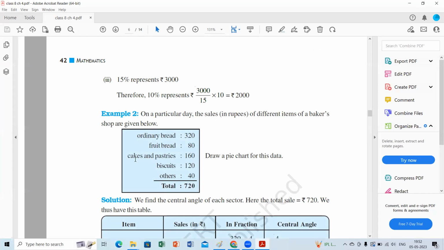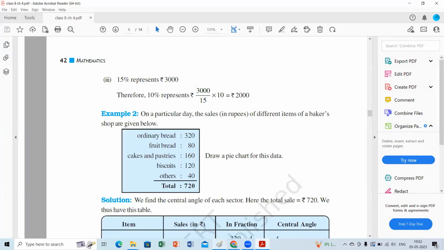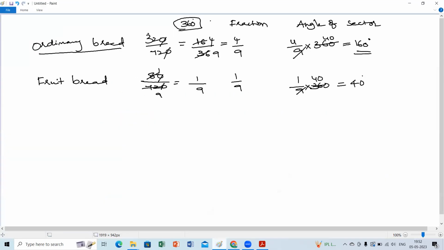If you look logically, there is also another way. By looking only, what is the angle for the third one? Easily you can say, what is the central angle of the sector for cakes and pastries? By looking only, you can think logically and let me know, children, because fruit bread is 80.